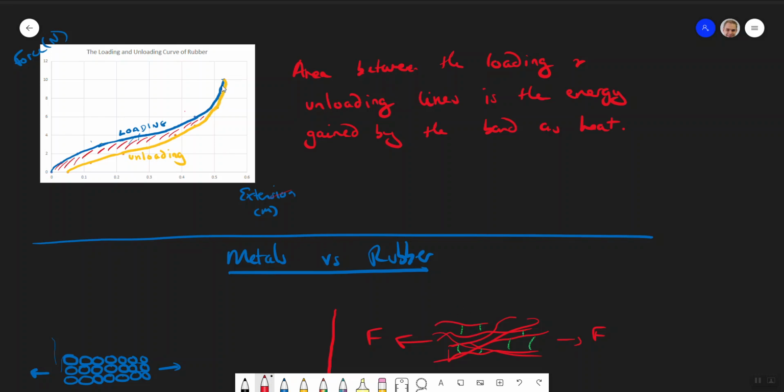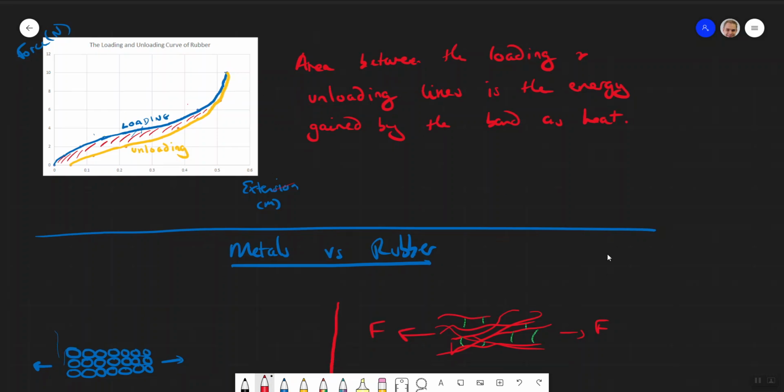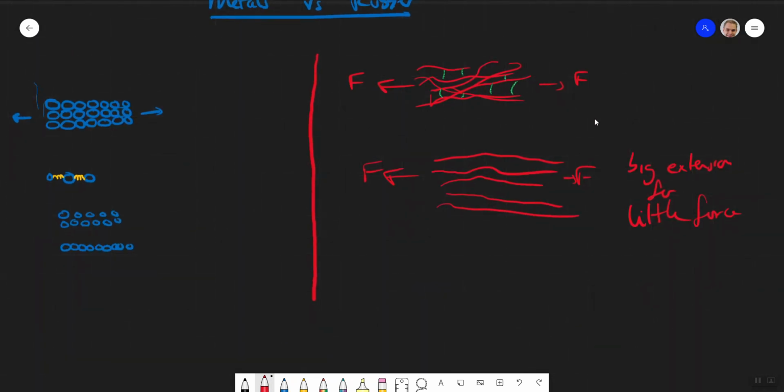But then what happens here? It goes suddenly very sharply up, and we hit a maximum point. The reason we have that is that we end up reaching a point where our polymers are essentially straight lines. And now we have a very different problem, because we're trying to apply forces to extend outwards, but now we're dealing with the forces that are holding this polymer together, inside the polymer. Those bonds are very, very strong.